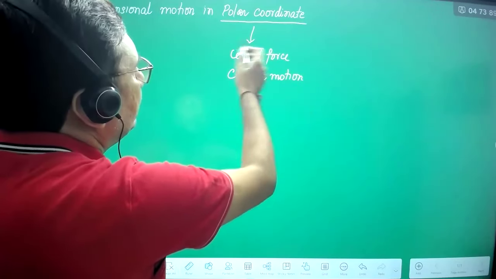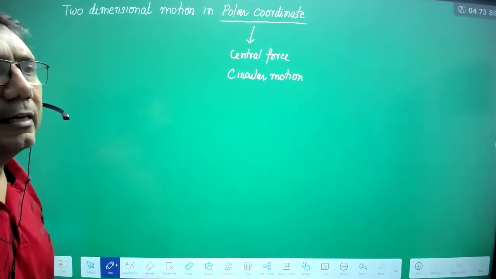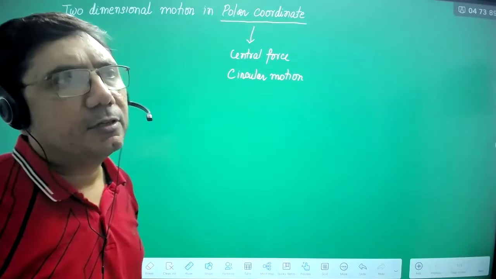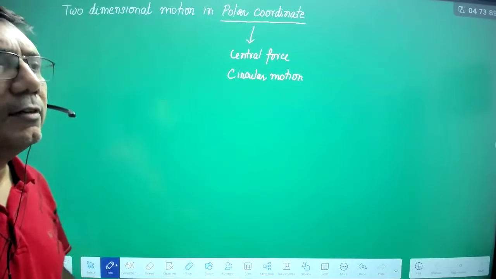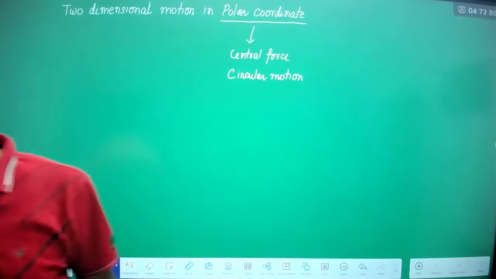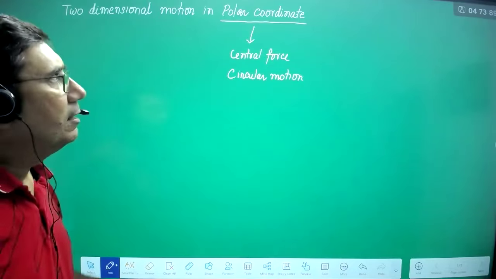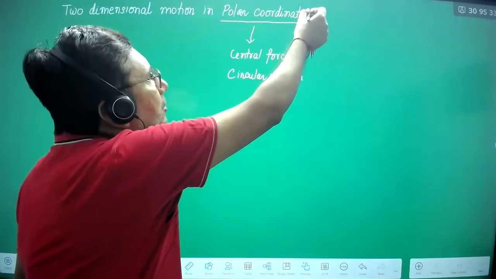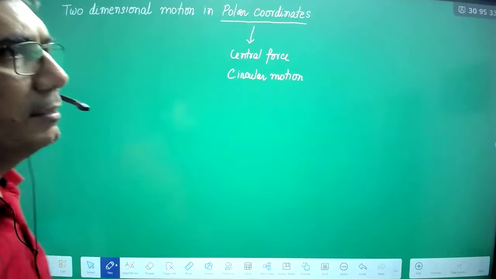So particularly in these two cases, when we discuss the central force problem as well as circular motion, you are going to find that polar coordinates will be very useful. So that's why this time I am going to start with polar coordinates. Two-dimensional motion with polar coordinates.